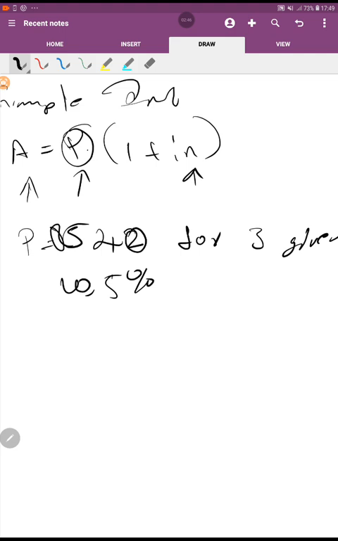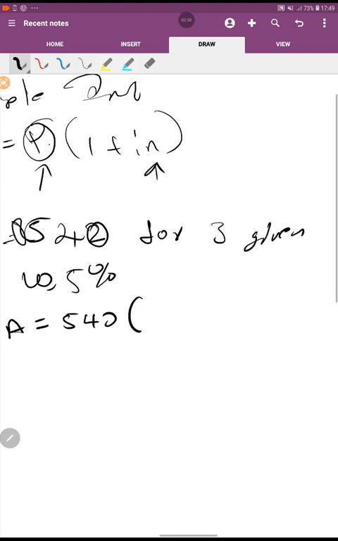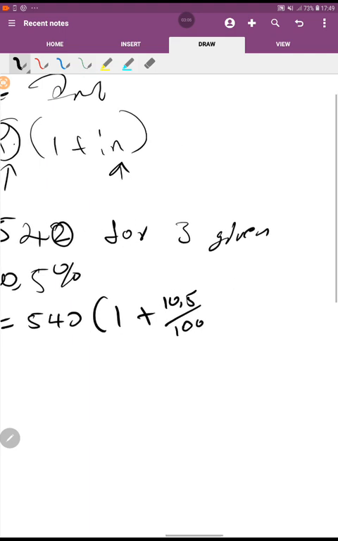On this kind of equation, you're going to say that A is the amount that we're looking for. Therefore P is 540. Then you open brackets, you say 1 plus the interest rate, which is 10.5. You're going to divide this by 100.